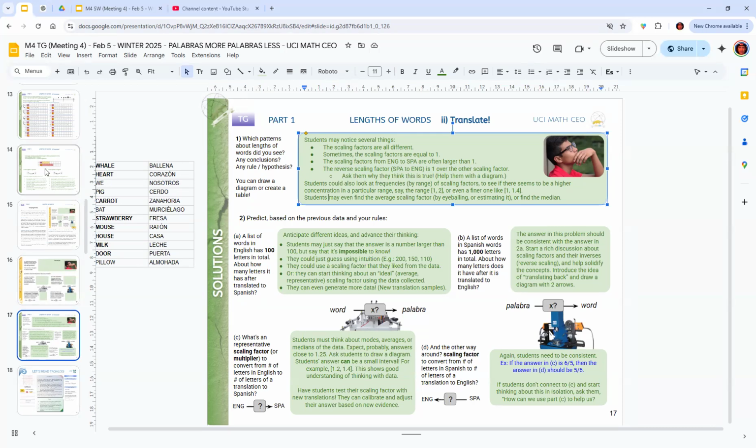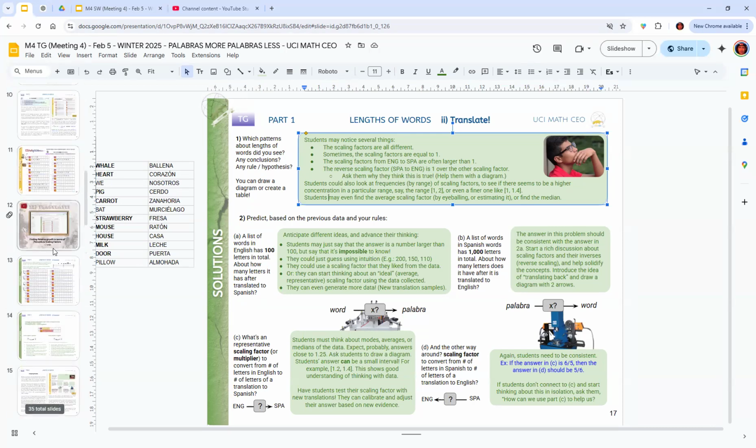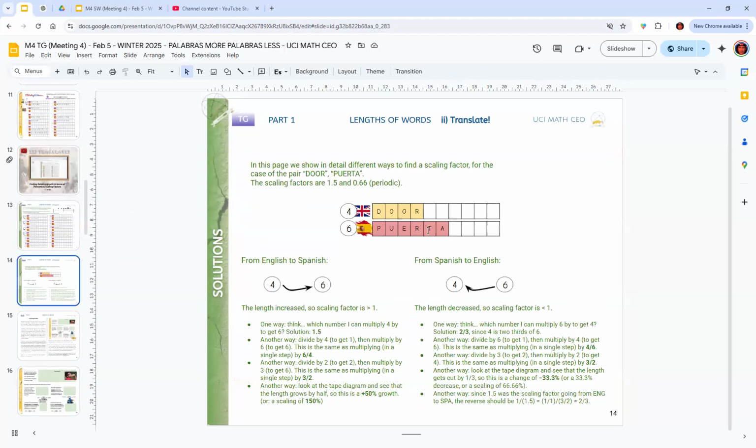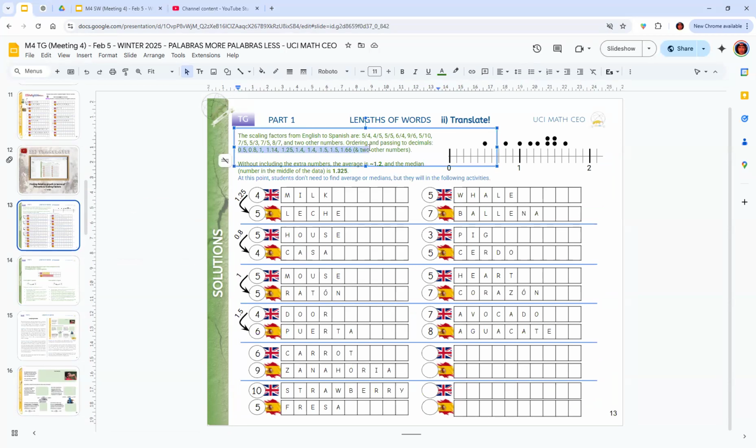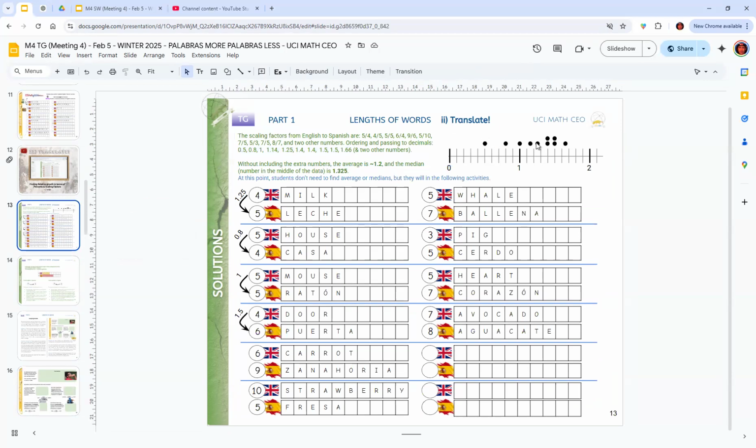So what we mean by that is that when they did this part here, they can order these scaling factors and they could plot them in a number line even, or in this dot graph. And they could see that it concentrates kind of over here.